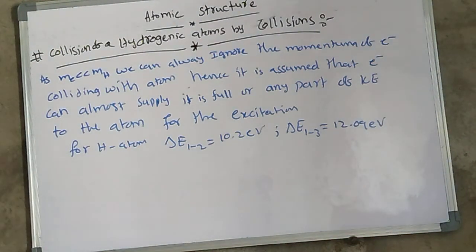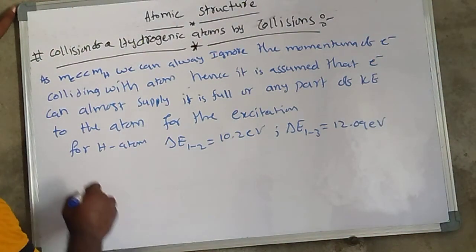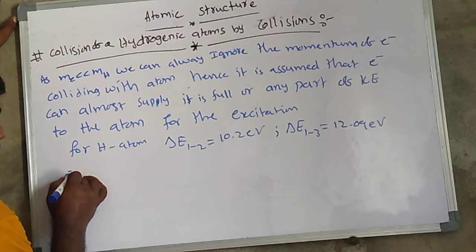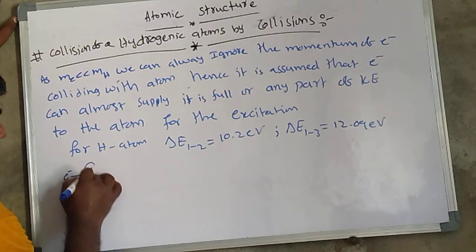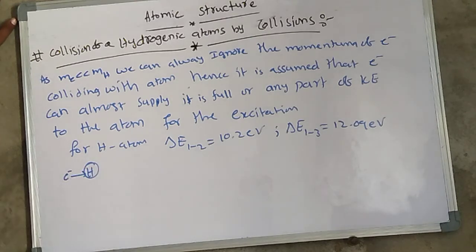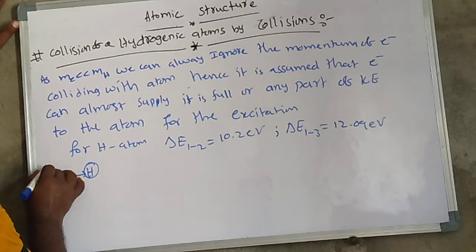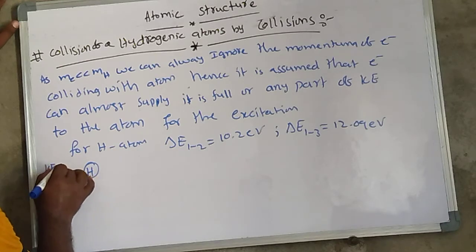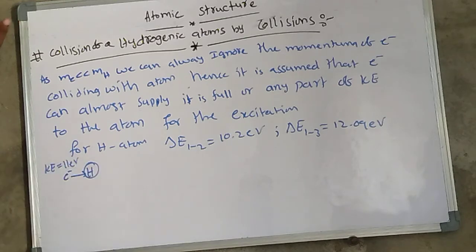Let us consider this electron moving and colliding with a hydrogen atom. I am going to give it a kinetic energy of 11 electron volt, and this 11 electron volt electron is going to hit the hydrogen atom.